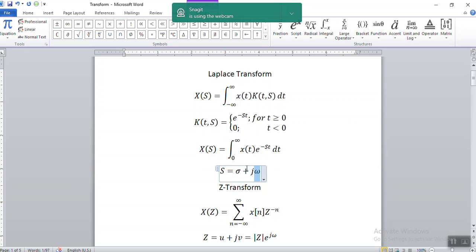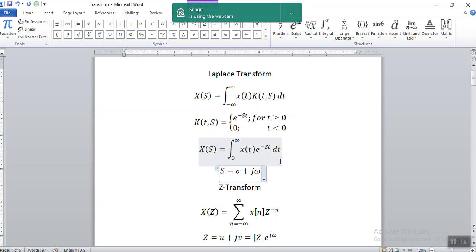So s is sigma plus j omega. Definitely this X of s becomes a complex quantity. If we represent it in a complex plane, the x axis will be sigma, the real part of s, and the y axis will be the j omega axis, the imaginary part of s, that is the real axis and the imaginary axis.